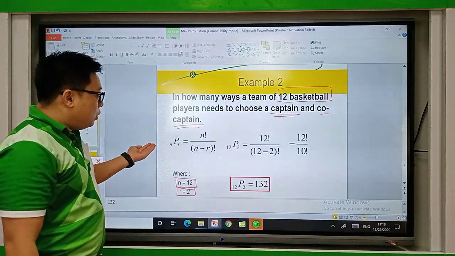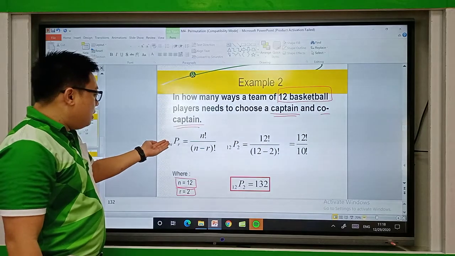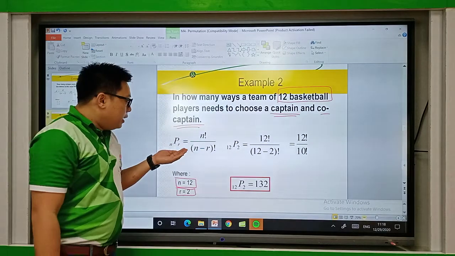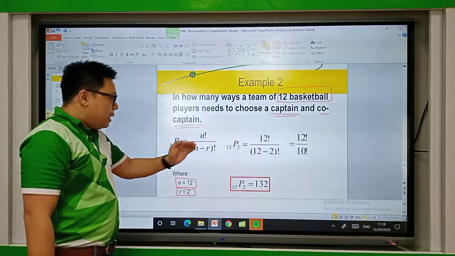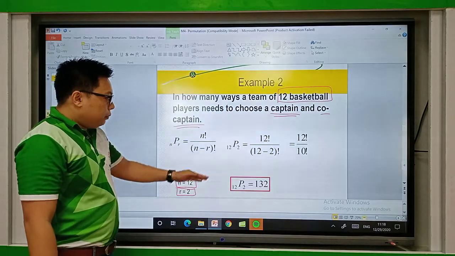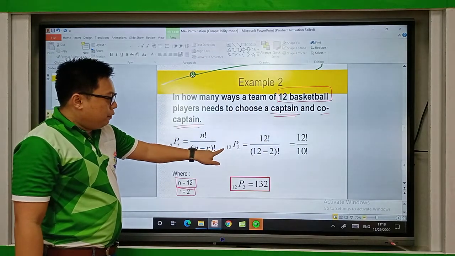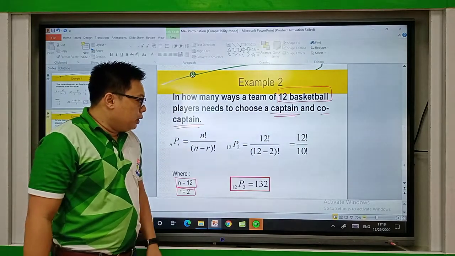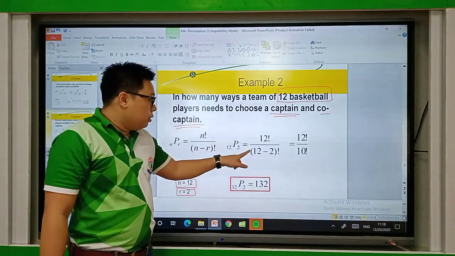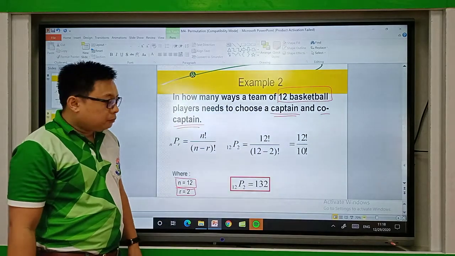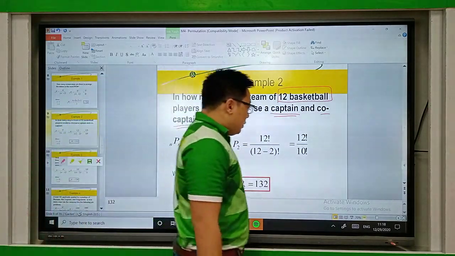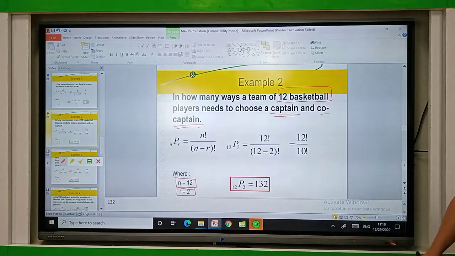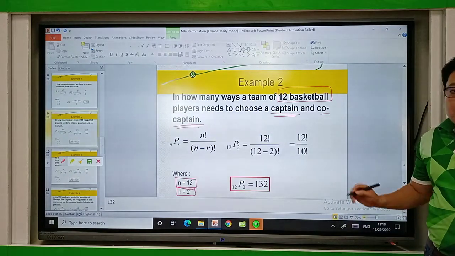So again, go back to our formula. We have nPr equals n factorial over n minus r factorial. So we have 12P2 equals 12 factorial over 12 minus 2 factorial. Simplifying it further, you already know how to simplify it, right?